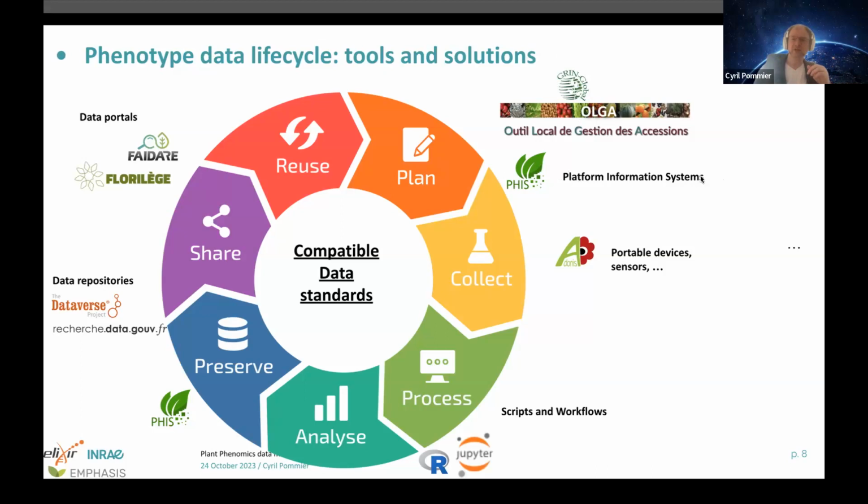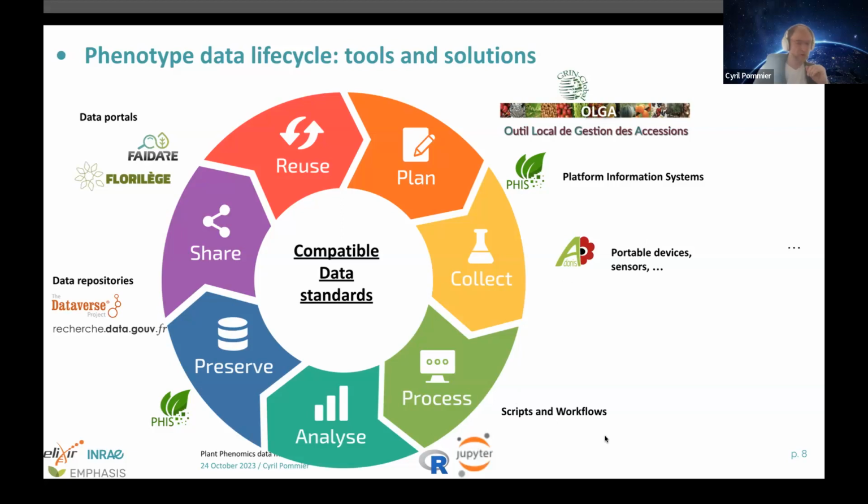And platform information systems that allow us to set up the experimental design and to prepare the actual experimentation, either in greenhouse or in the field. We need then the actual data collection through portable devices and sensors, and this can be done by dedicated tools such as Adonis in France, but there is also a system within the BrAPI community.